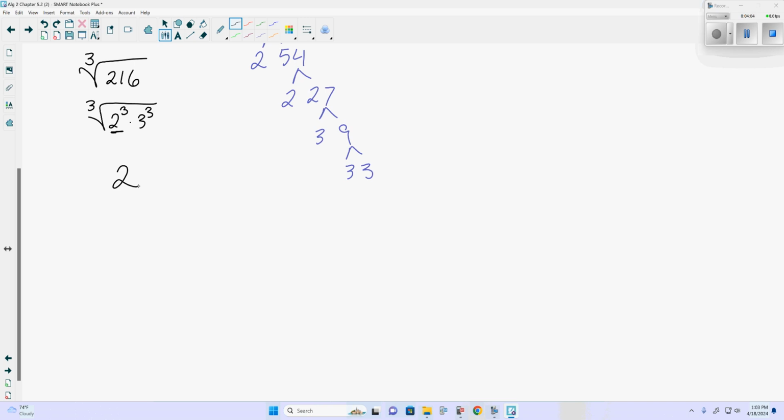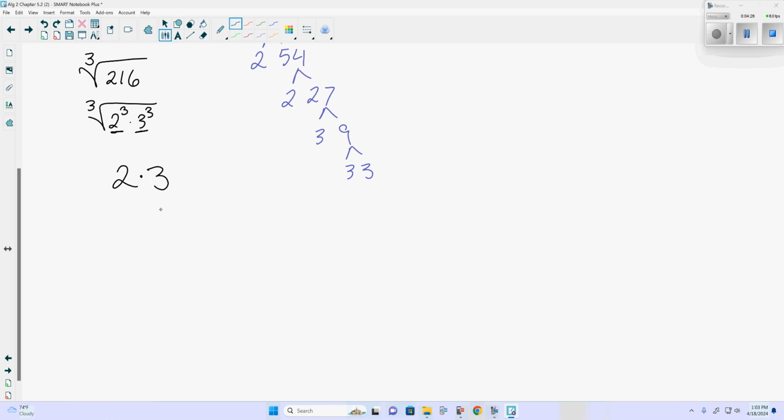Cubed root of 3 to the 3rd is what? Because the exponent and the index are the same, we're essentially dividing the exponent by the index. 3 divided by 3 is 1. So it comes out completely.